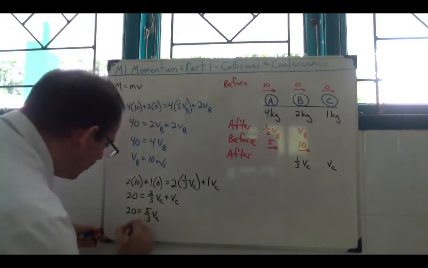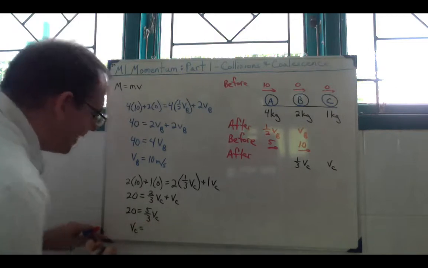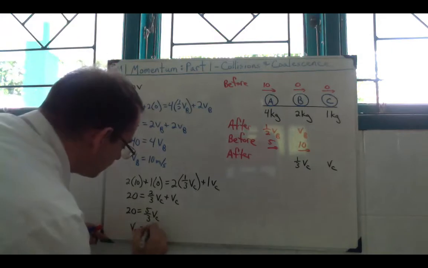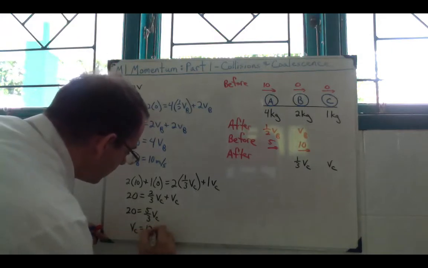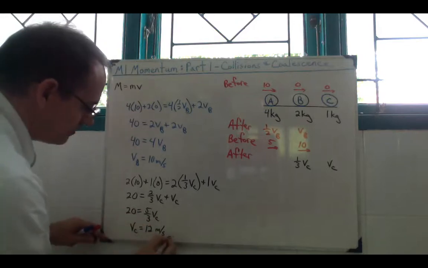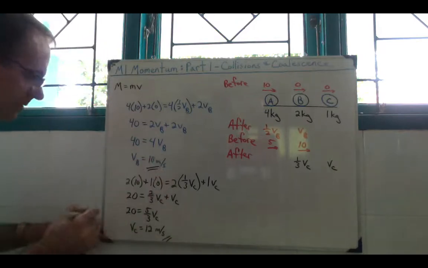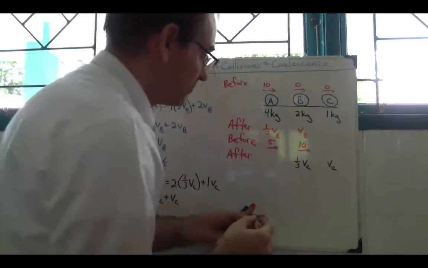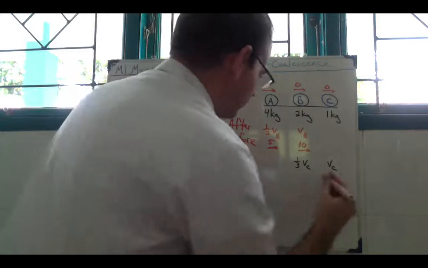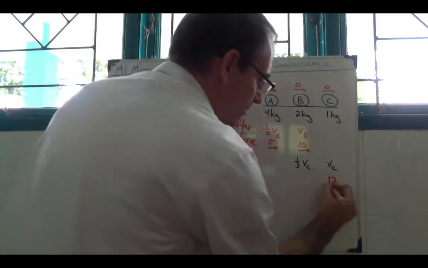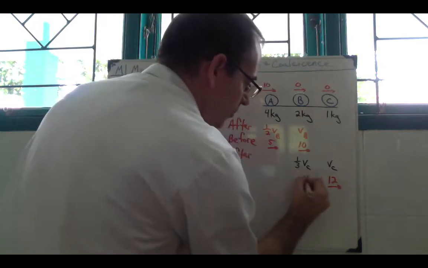And so our velocity of C now is 12 meters per second. So that's this one. And so this is now 12. And this is 1/3 of that, which is 4.